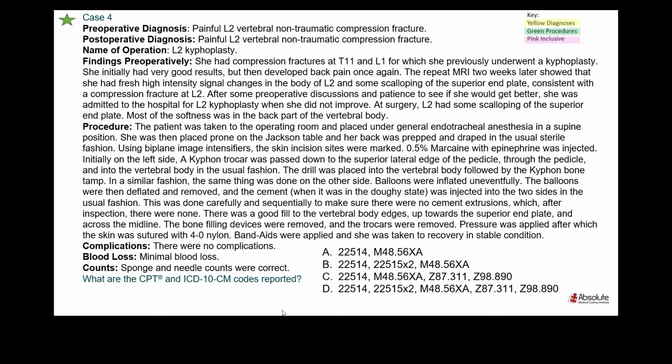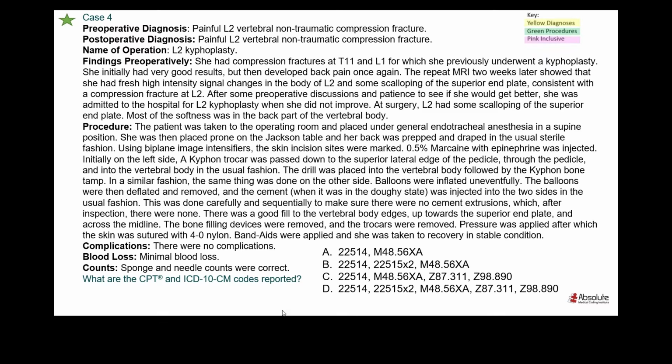The drill was placed into the vertebral body, followed by the Kyphon bone tamp in a similar fashion. The same thing was done on the other side. Balloons were inflated uneventfully. The balloons were then deflated and removed, and the cement, while it was in the doughy state, was injected into the two sides in the usual fashion. This was done carefully and sequentially to make sure there were no cement extrusions, which after inspection, there were none.